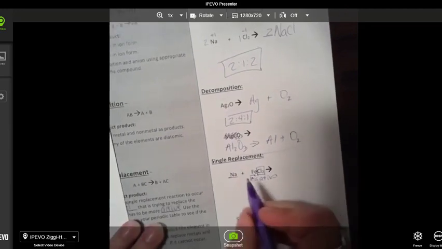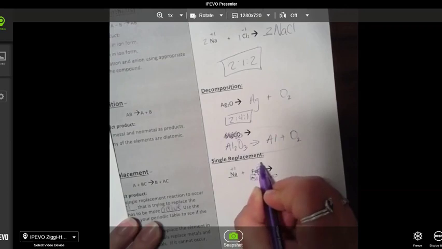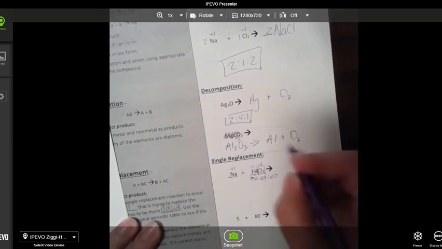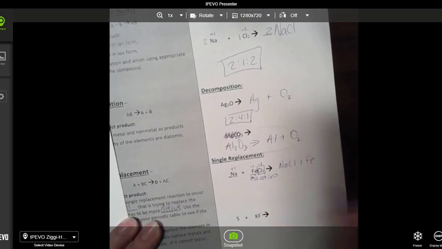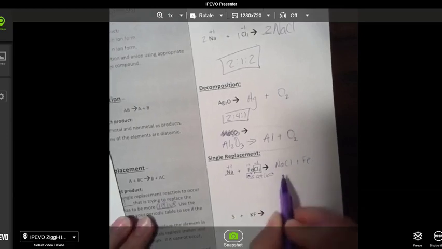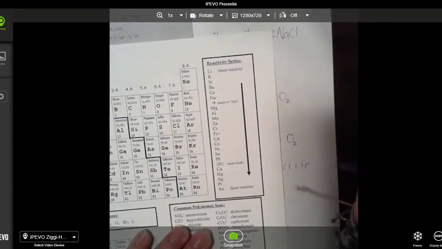So what's going to happen is this sodium, which is +1, and this chlorine, which is -1, which means that this iron is +2, the sodium and chlorine are going to end up together, NaCl, and iron is going to end up all by itself, because sodium is going to be able to rip chlorine away, because sodium is more powerful, higher up on this reactivity series.